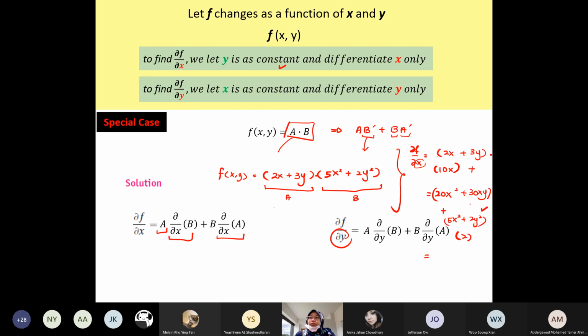So from here you have 20x square plus 30xy, plus 10x square plus 4y square. So this is your df over dx.